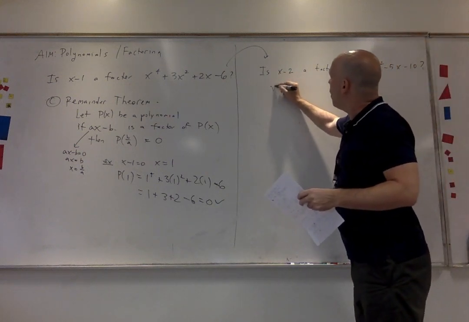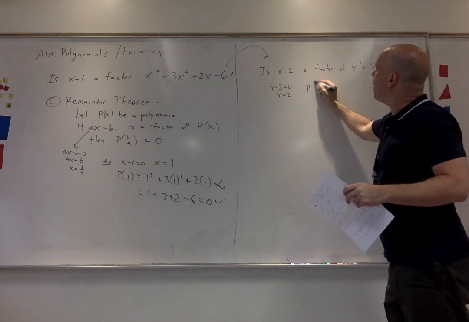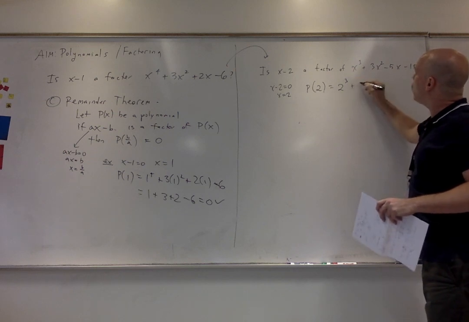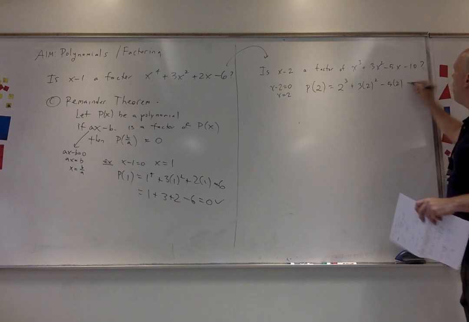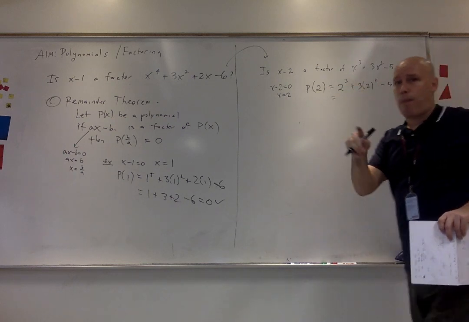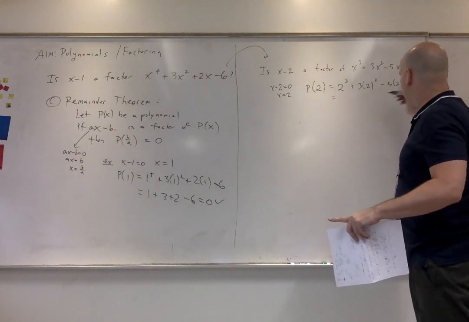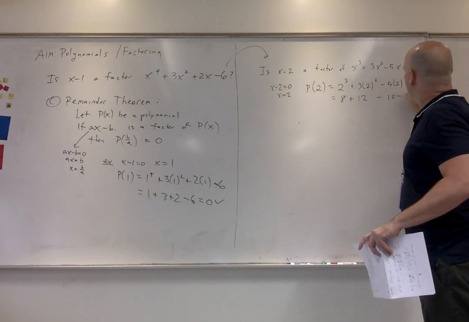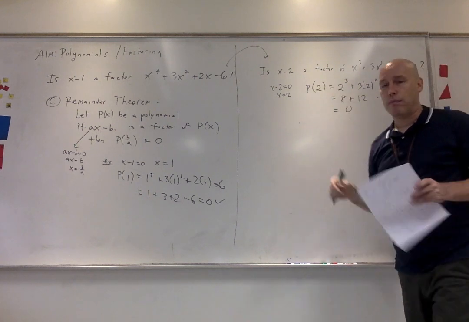So first, set x minus 2 equal to 0. So x equals 2, and then stick it in the polynomial. 2 cubed plus 3 times 2 squared minus 5 times 2 minus 10. You have to know how to do this for part 1 without a calculator, right? Because this is not difficult. 8 plus 12 minus 10 minus 10. 20 minus 20. Yeah, it's 0. That's a factor.